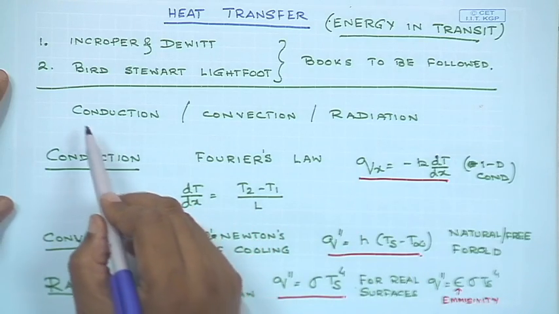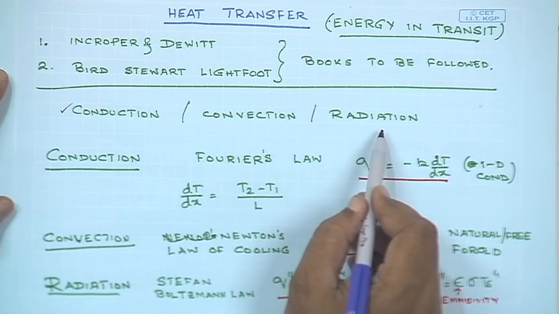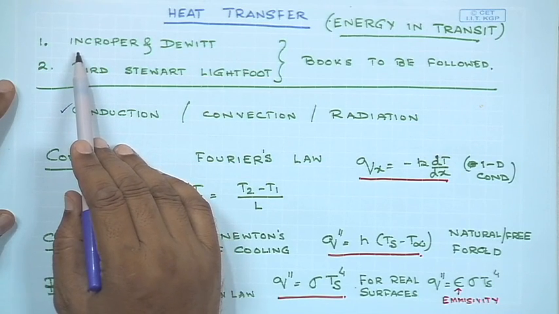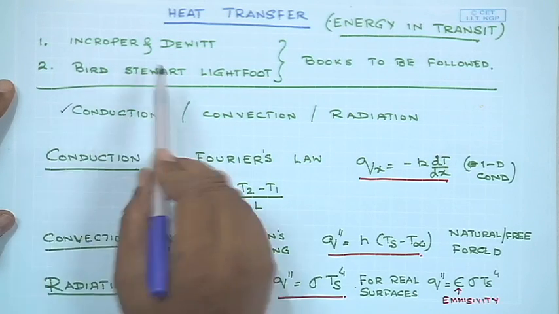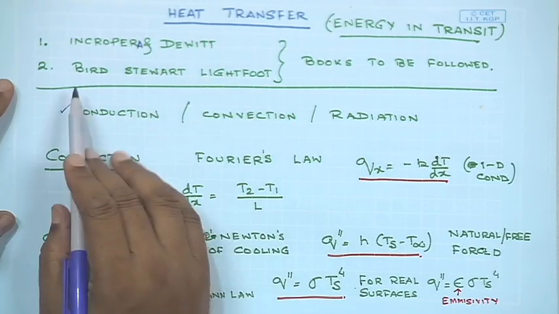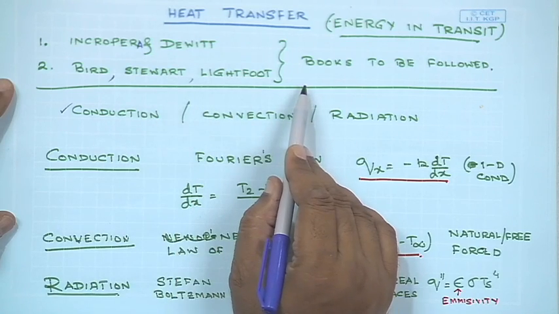Now, you know that there are three modes of heat transfer: conduction, convection and radiation. Oh, by the way, the two books which I am going to follow for my treatment of heat transfer are Incropera and DeWitt, and the other textbook, Bird, Stewart and Lightfoot.